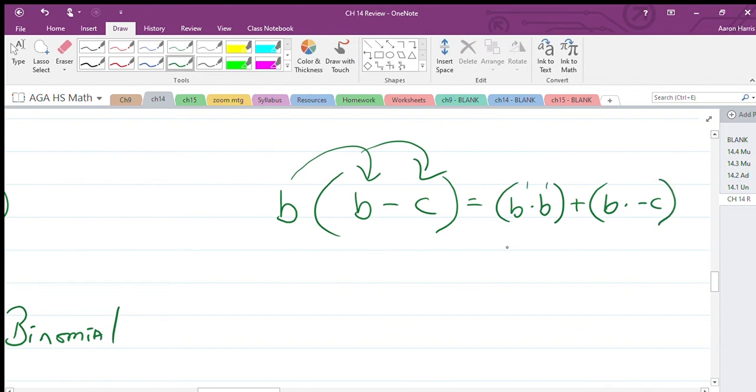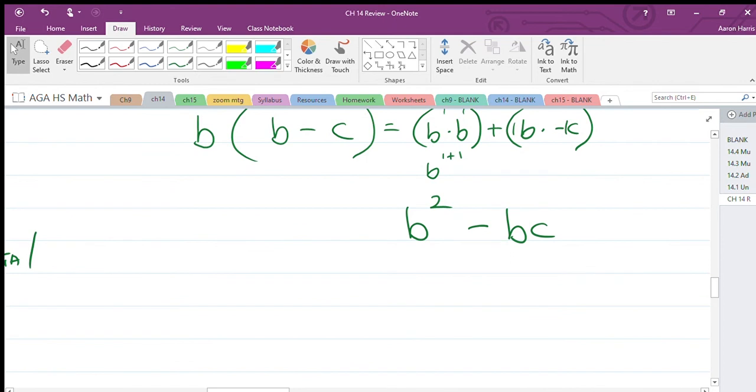So 1 plus 1, which is equal to what? 2. So I get b squared. Now plus positive times a negative. This is a positive 1. This is a negative 1. 1 times negative 1 is negative 1. And then I just write bc. What's the highest degree? 2. So second degree, and 2 terms. So it is a binomial.